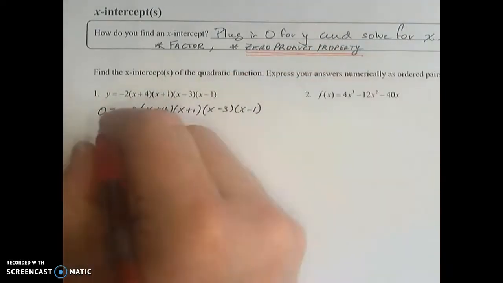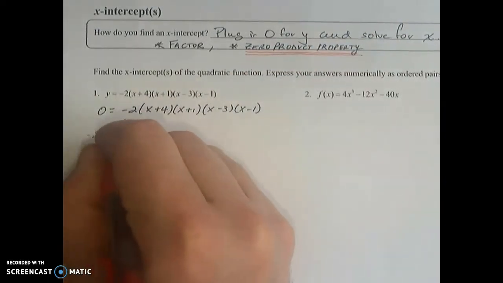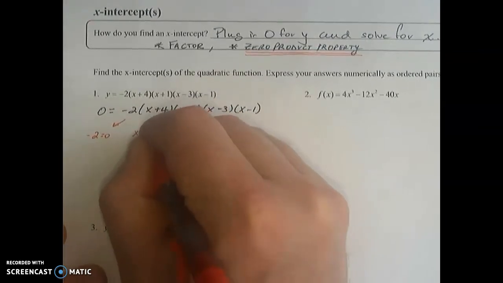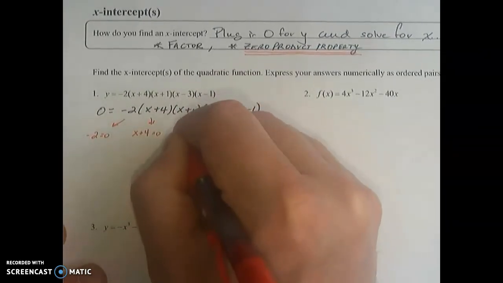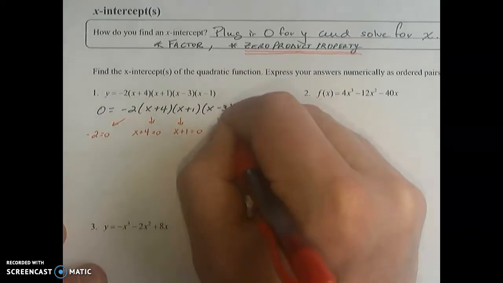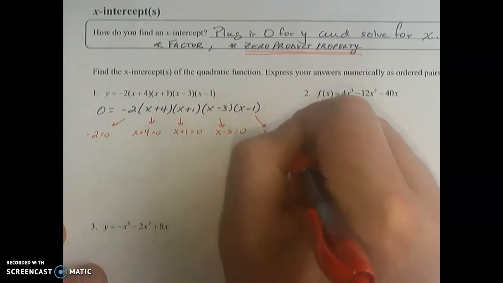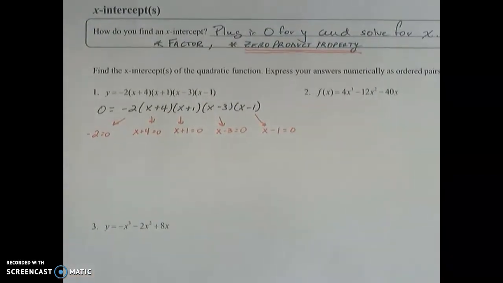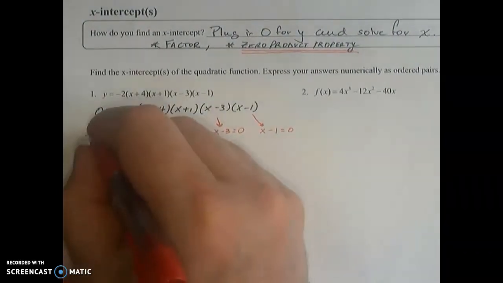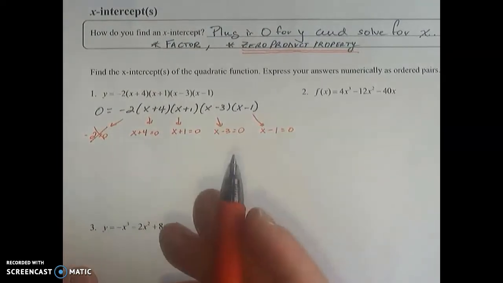We're going to take each one of the factors and set them equal to 0. I like setting the GCF equal to 0, even if it's just a number, just to check in. It's not going to give us another x-intercept unless there's an x out front. Technically we should set it equal to 0, but that one doesn't make sense. There's no x, that's not going to give us another x-intercept.